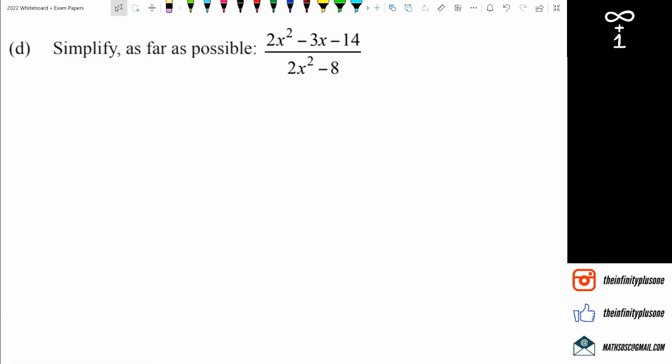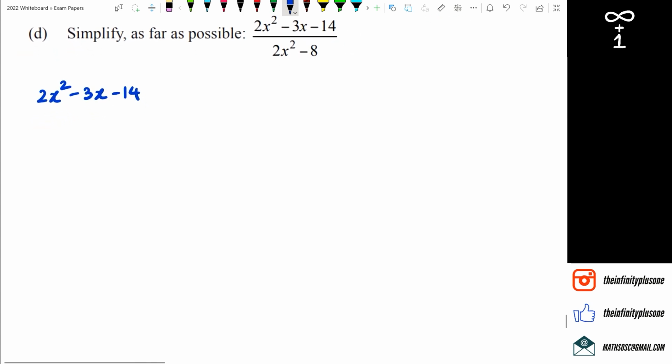Oh, wonderful. We've got another quadratic with a 2 in front of it. So I guess we've got to do that first. Let's factorize 2x squared minus 3x minus 14 first.